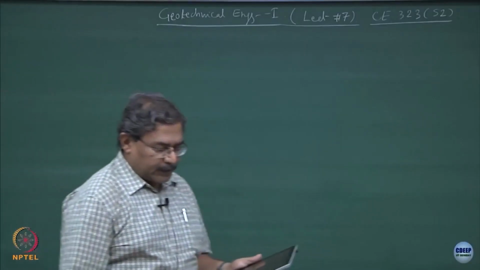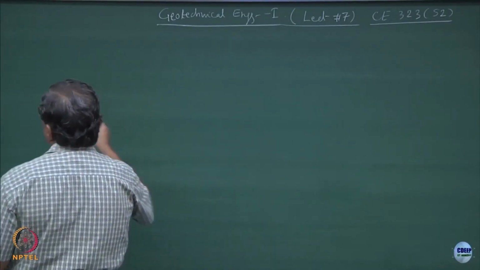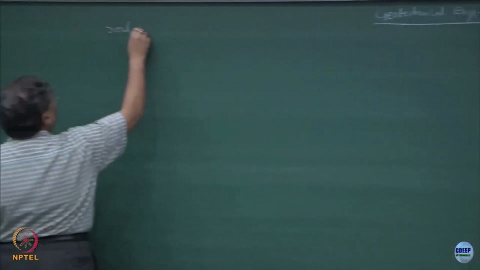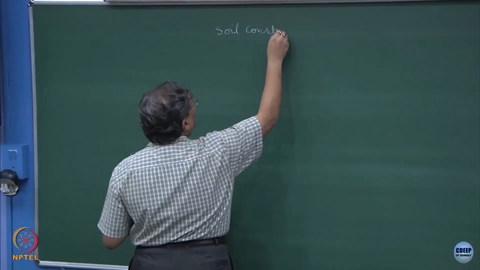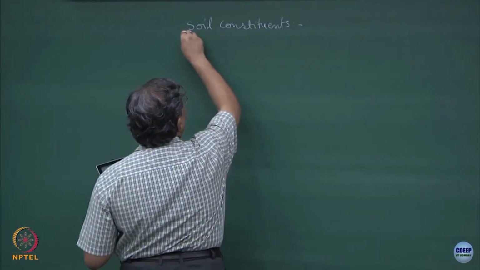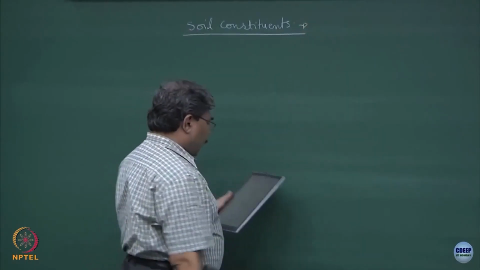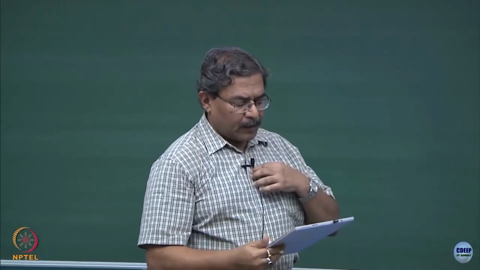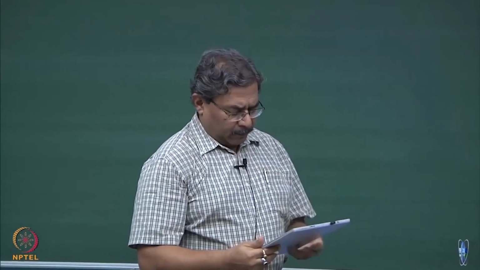So, we have been discussing the soil constituents. And I had talked about the solid phase, liquid phase and gaseous phases, and we were discussing the organic matter in soil.